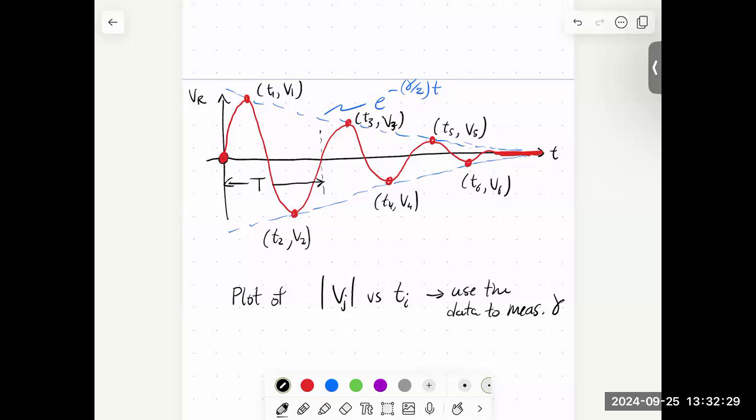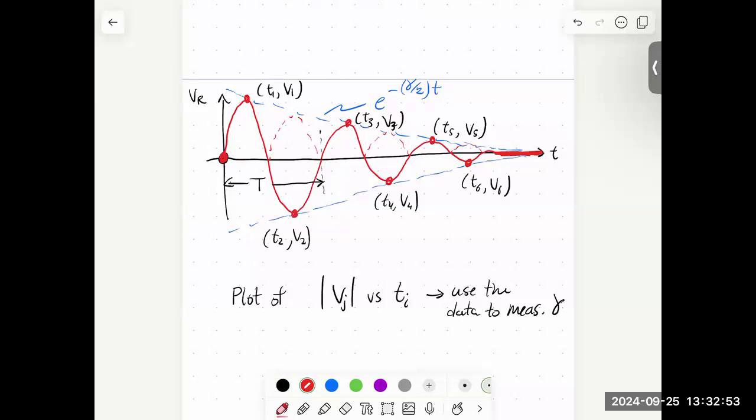The reason I chose an absolute value is because these will all obviously be negative voltages. But if I took the absolute value, that's like flipping this, inverting this up. And if you did that, these minima would just fill in the space between maxima.